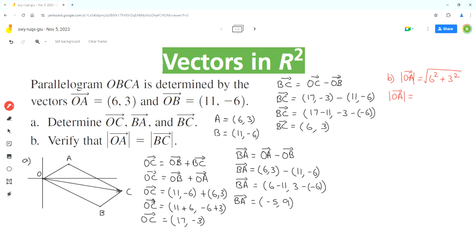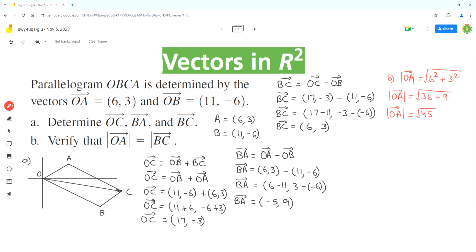Now 6 squared is equal to 36. 3 squared is 9. So the magnitude of vector OA is equal to the square root of 45.